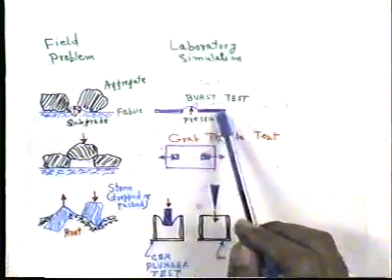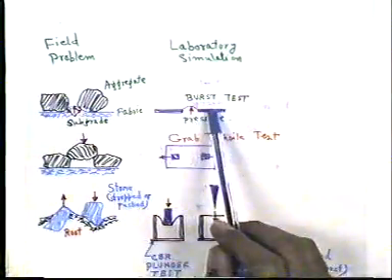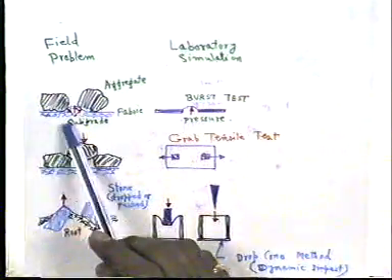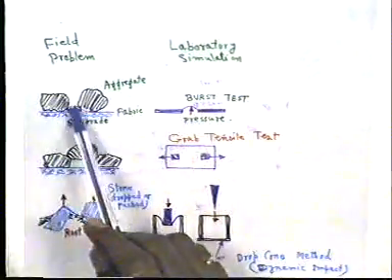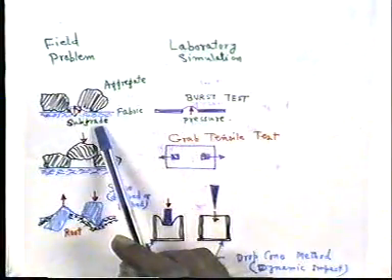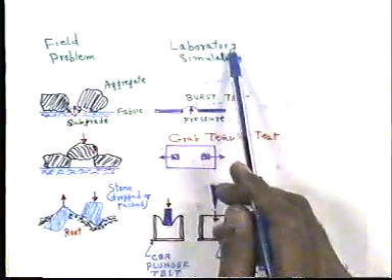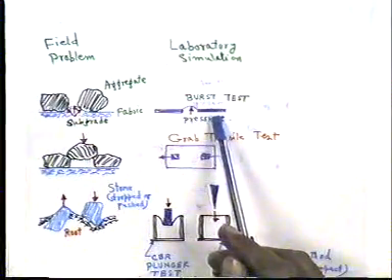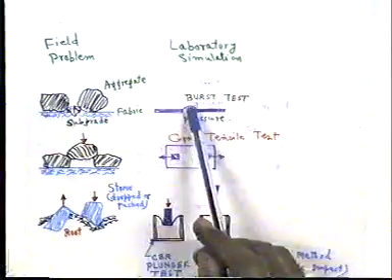In the case of the burst test, this is the field problem. These are the aggregate, this is the fabric, and this is the subgrade. This can be simulated in the laboratory simulation, this burst test. Here is the pressure.